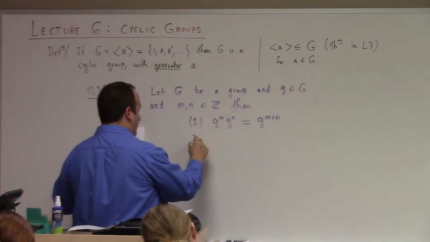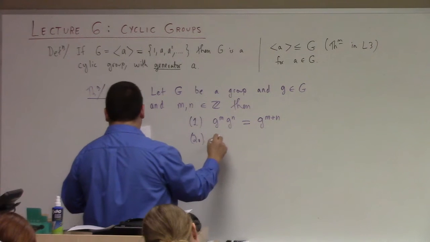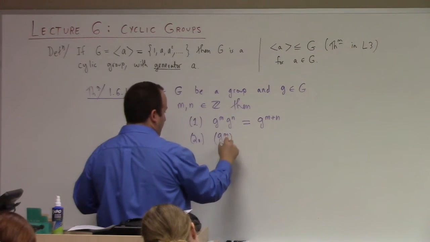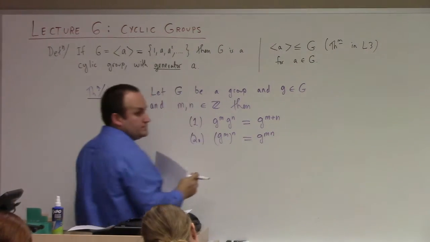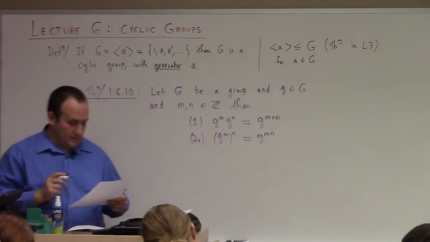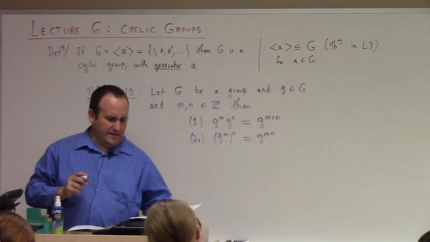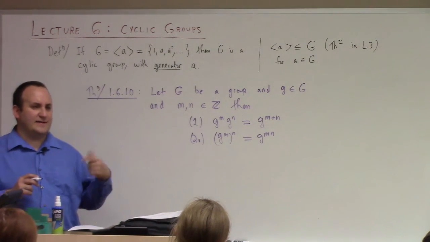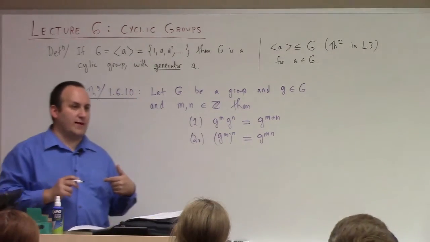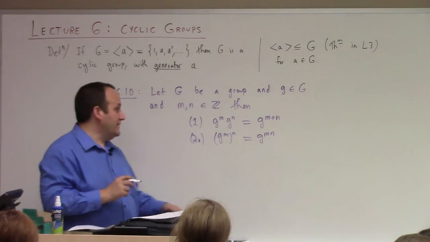And 2: g to the m to the nth power is also g to the mn. I think I have a typo in my notes where I say I did this in the lecture 3 homework. I think it's actually in the lecture 2 homework, for problem 5. In problem 5, I prove a lemma.